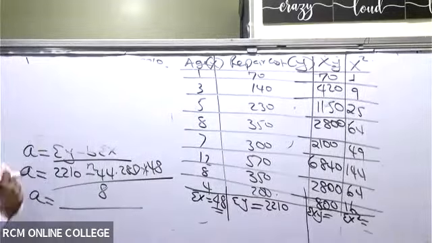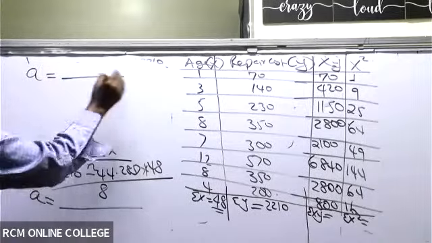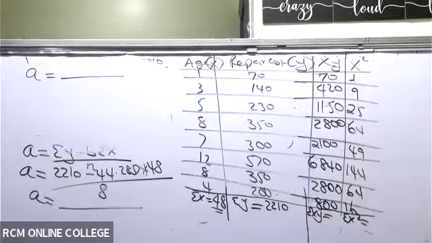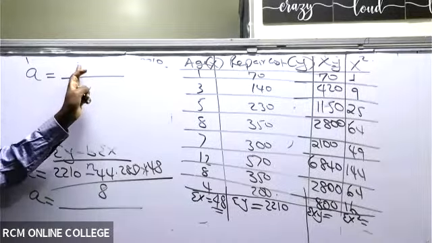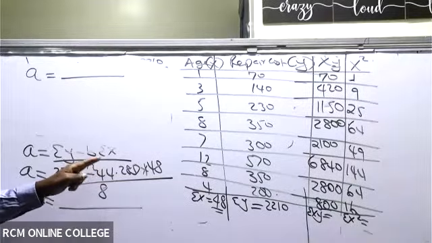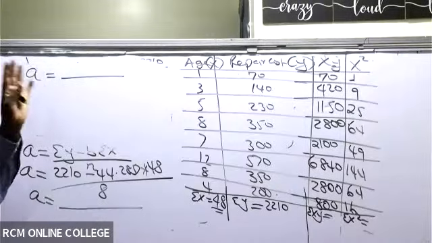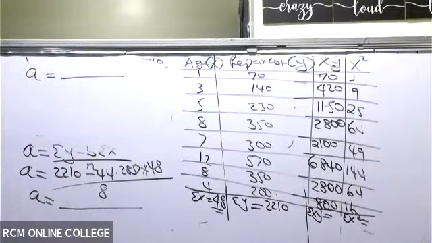We are taking 2210 minus 44.2857 times 48. First of all, you write that separately. I'm waiting to hear from you, Kevin.